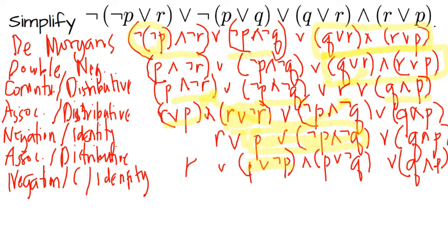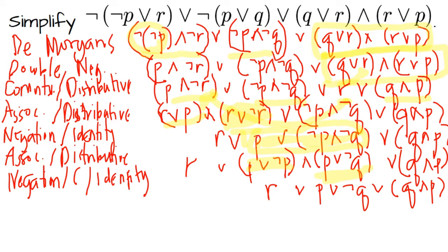So this is true, and will give us this term only, so P or not Q. Therefore, what will be left will be R or P or not of Q or Q and P.